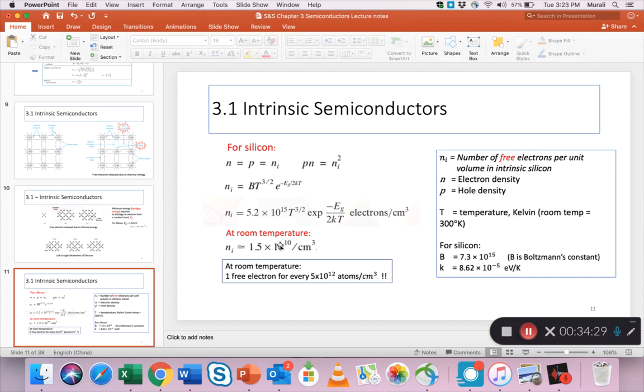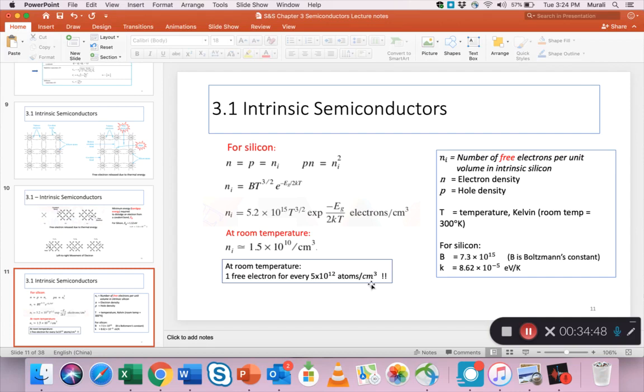compared to the total number of electrons in 1 cubic centimeter of silicon. This only says it's 1 free electron for every 5 × 10^12 atoms per centimeter cube.